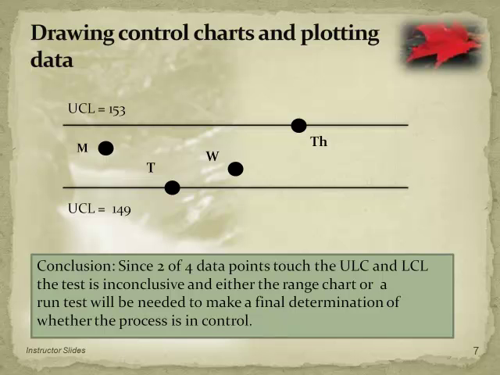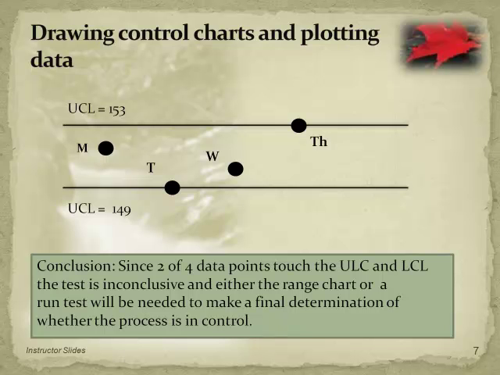But Tuesday and Thursday fell exactly on the upper and lower control limit. So from this information, sometimes we have inconclusive results, and that's what we have here. Because 2 fell within and 2 fell on the line, I really can't make a clear yes or no determination whether or not the process is in control.